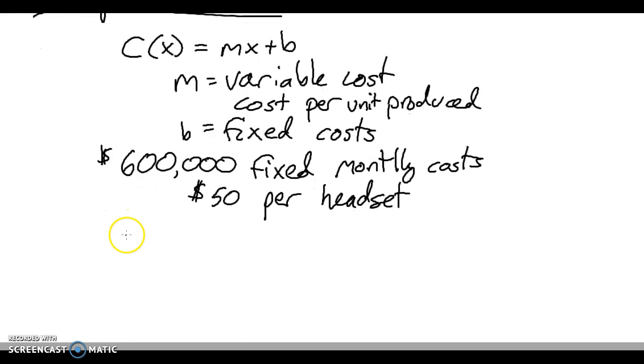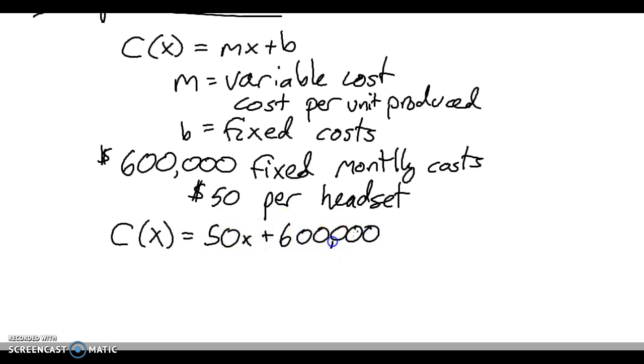Then our general cost function is going to equal 50 times x plus 600,000, where x is the number of headsets we produce.